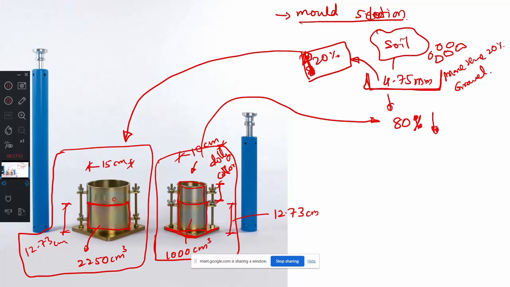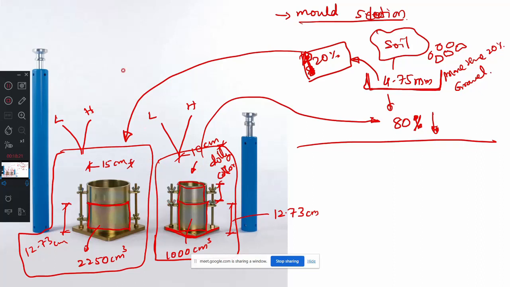Light and heavy compaction have nothing to do with the selection of mold. You can do light compaction or heavy compaction in the bigger mold, and also in the smaller mold. Therefore don't answer that way. Now you know how to select a mold.